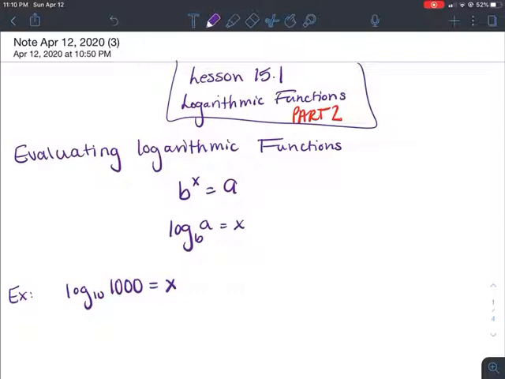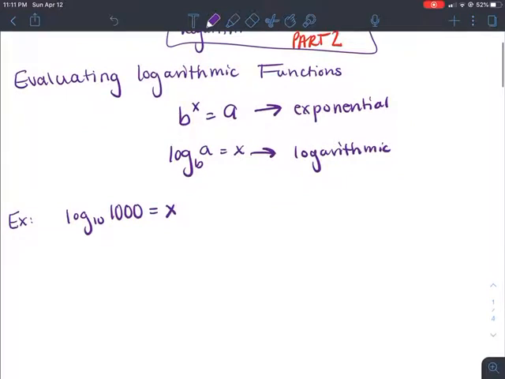Okay, so here we have our two formulas. We have our exponential, and we have our logarithmic. Now, when you're evaluating these logarithmic functions, the first thing you need to do is convert to exponential form.